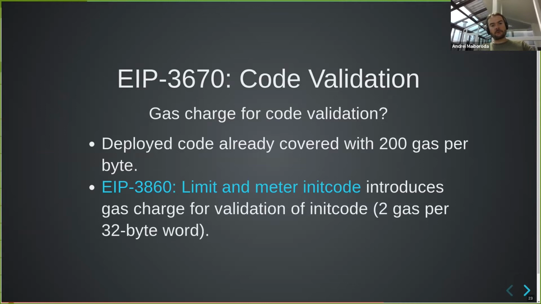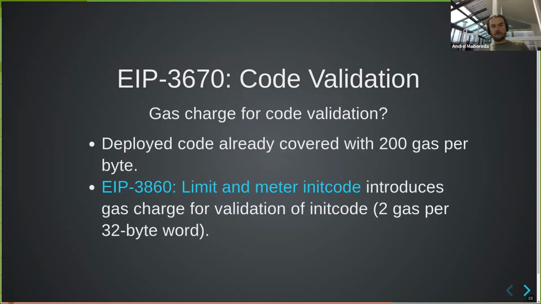Another important thing about EIP-3670 is related to security considerations. This new validation procedure for code section introduces some overhead, because to perform these checks, you need to do one pass over the code section. And it must be accounted for in the gas charges for creation of the new contracts.